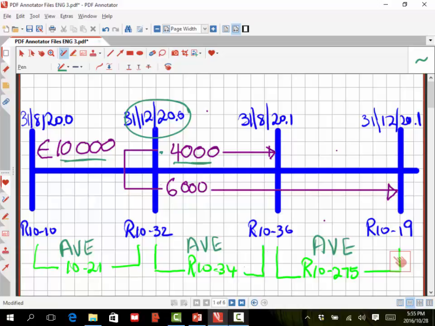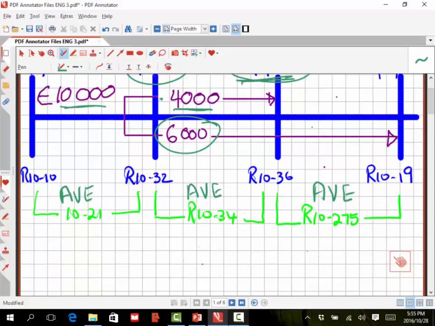The 4,000, which will be repayable at the 31st of August, as well as the 6,000, which will only be repayable the 31st of August 20.2. So for this first period, all that we are interested in is the 4,000, which will be repaid on the 31st of August 20.1. And now we have to calculate the adjustment on that 4,000 and then do the repayment.